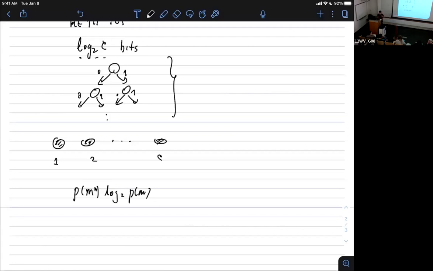That's what Alice needs, and then we're going to look at the expectation. Of course, this can be very long or very short, depending on the probability. You see the minus sign there. So if the chance of M is really low, so Bob's guess of what Alice is going to say for that particular message was extremely low, then minus log 2 of this will be extremely high. If Bob thought that with a chance of 1 Alice is going to send this message, and that turned out to be true, then you need 0.